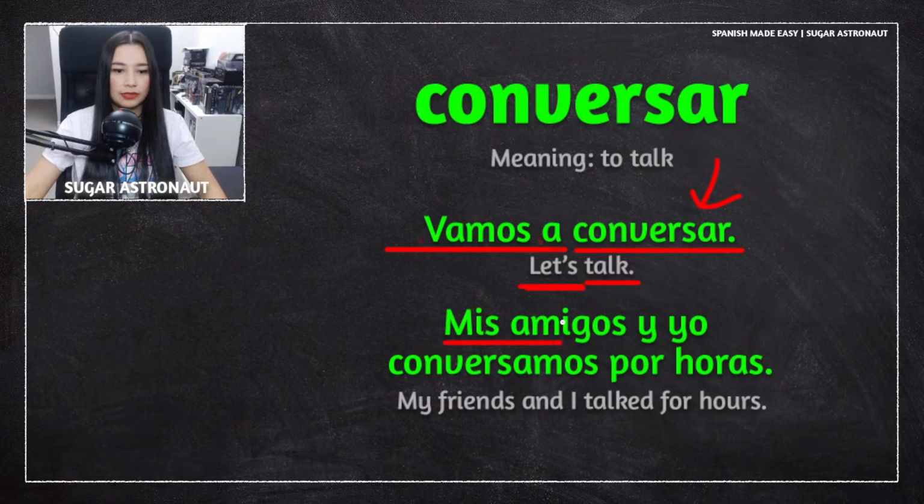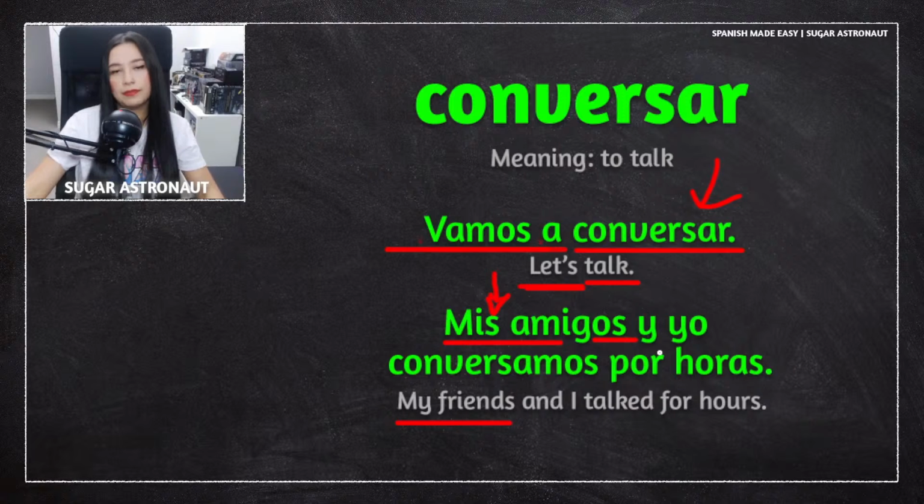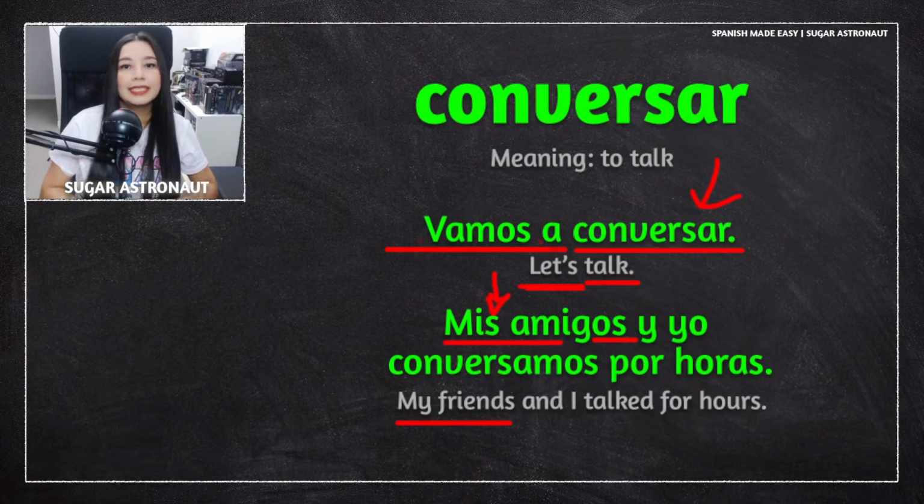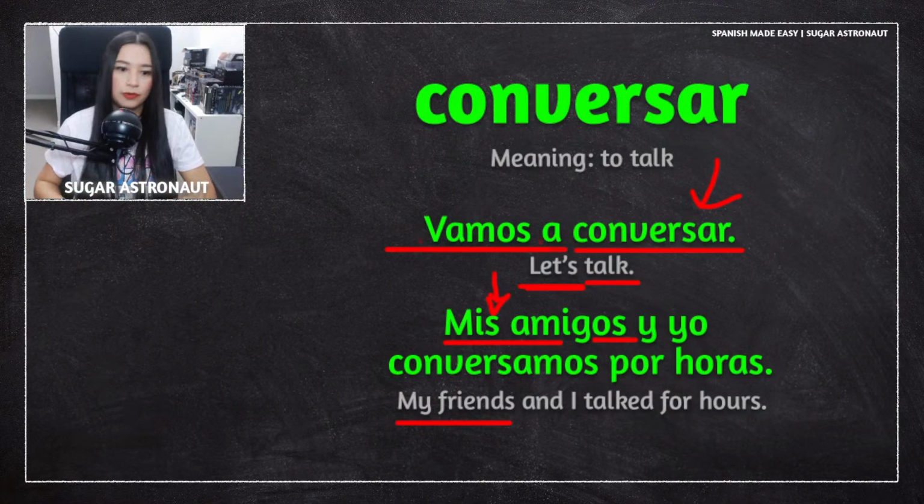Mis amigos, my friends. We're using mis because amigos is plural. If it was singular, it would be mi amigo without the S. You remove the S from both words.